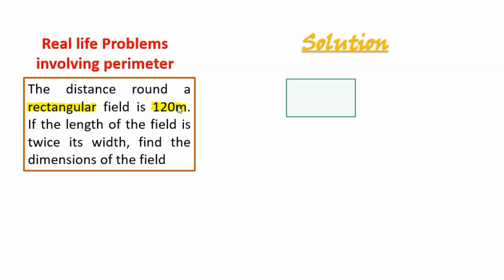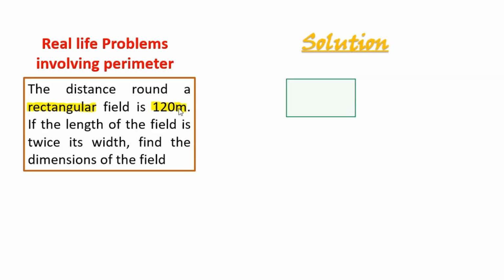We can conclude that the distance around a rectangular field is the same as the distance around the rectangle, which is also known as the perimeter of the field, and it is 120 meters. So instead of saying the perimeter of a rectangular field is 120 meters, we just say the distance around a rectangular field is 120 meters. Now, getting this insight from this problem, we are good to go.